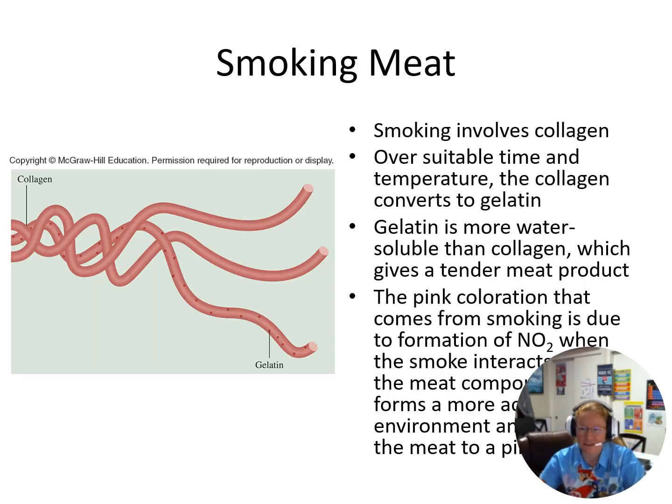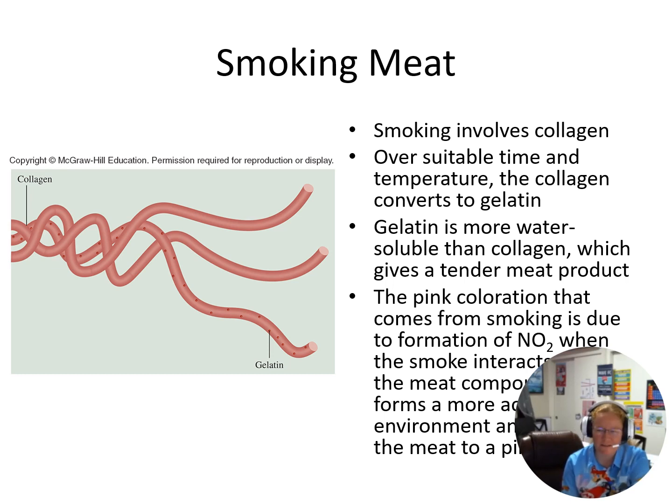Okay, we can smoke things. This is definitely a low and slow process. So you have collagen. Over a lot of time, collagen converts to gelatin. Gelatin is more water soluble, so then you get something more tender. And then you get this pink color because you have this nitrogen dioxide that forms, and that interacts with the meat compounds, gives you a more acidic environment, and you get that pink color.